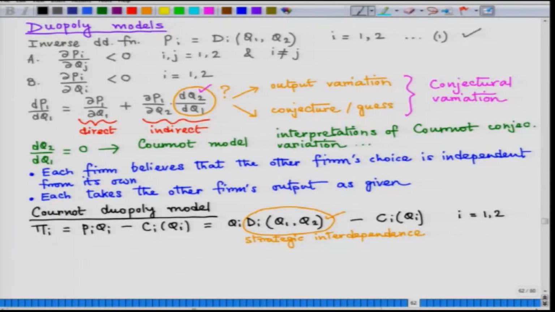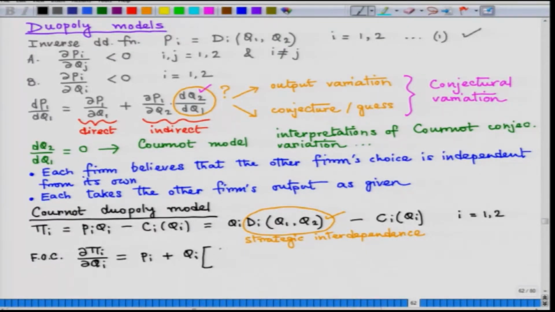So, now we have to derive the first order condition of this ith firm here. So, we know what to do, we have to take the partial derivative of the profit expression with respect to the output of the ith firm, and if we do so, we get Pi plus Qi.